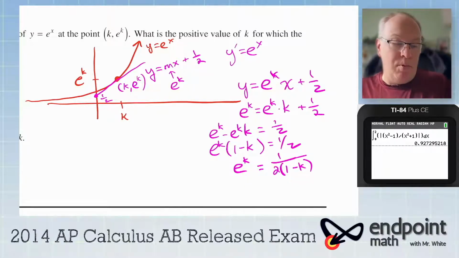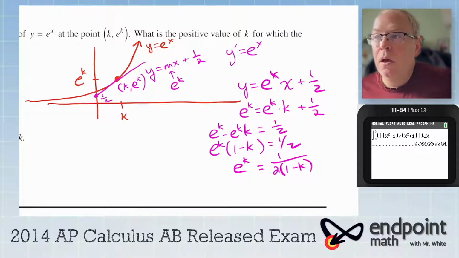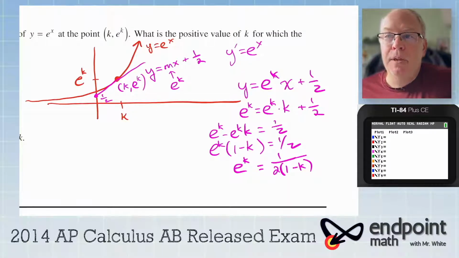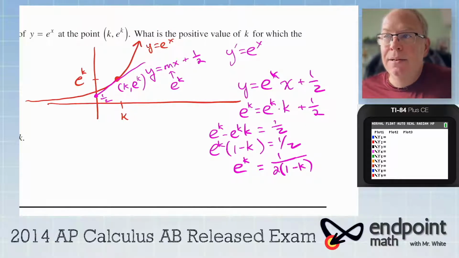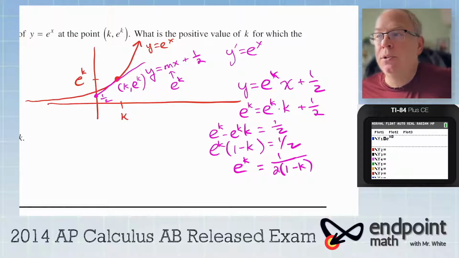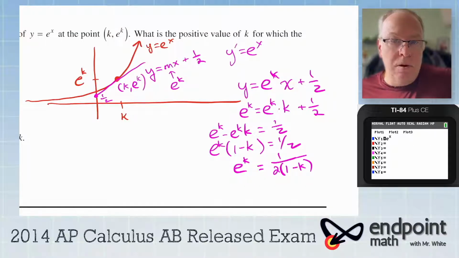So I want to put these into the calculator. All right, so we're going to go to our graph. I haven't done any graphing yet in this, so I'm going to type e to the x. This problem takes a little longer simply because of all the data entry here. 1 divided by the quantity 2 times, I'm going to do another quantity, 1 minus k, but I have to use x, of course.